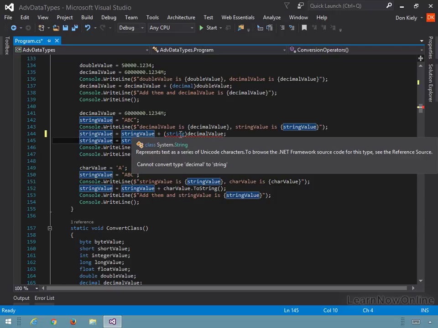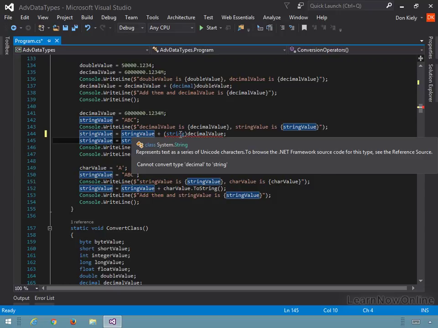But if I hover the cursor over this cast, it says cannot convert type decimal to string. Well, that's kind of strange because you can convert just about anything to a string. You need to all the time. In order to display it in the console window, you have to convert all numeric types to a string.